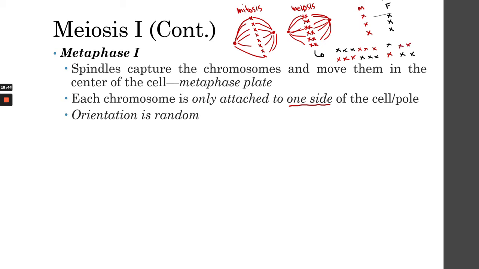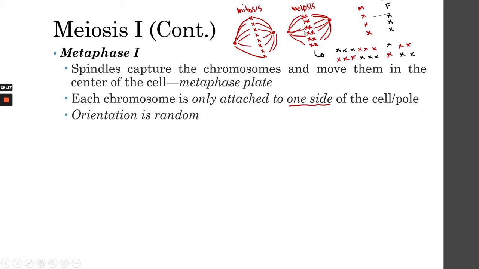So these red chromosomes are from the mother and the black are from the father. When they line up, they are actually random. So when you start pulling them apart, some chromosomes from the father and some from the mother go to one side, and the other side also receives some from the father and some from the mother. That is what is happening during the metaphase plate.